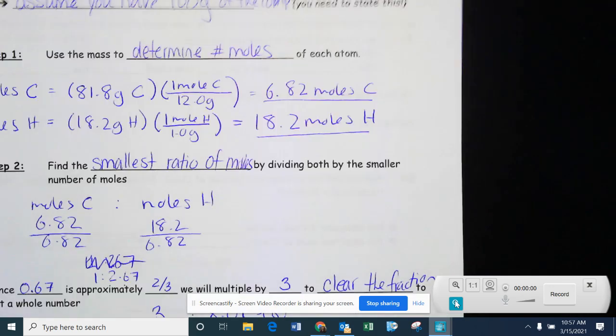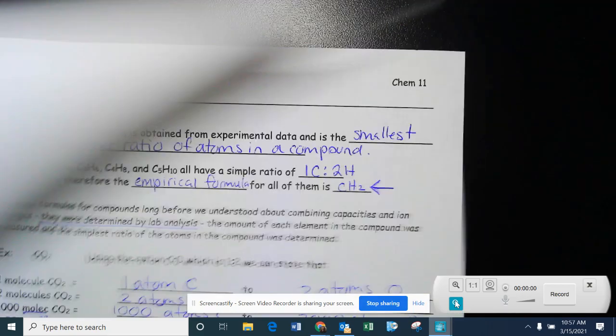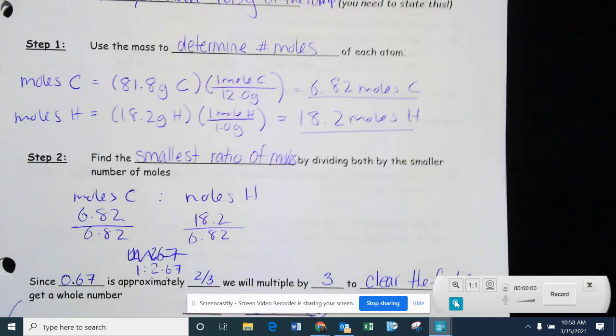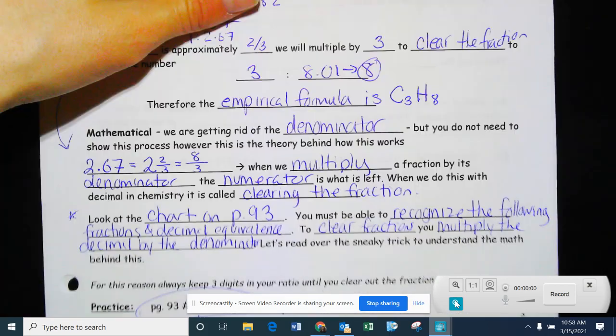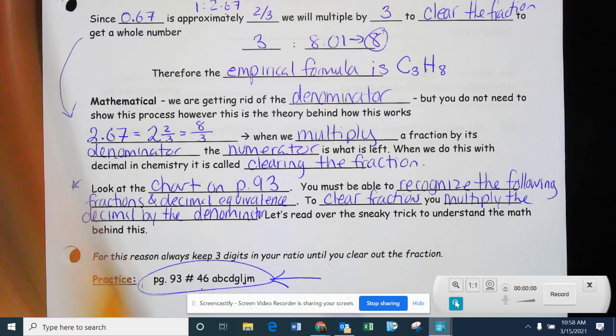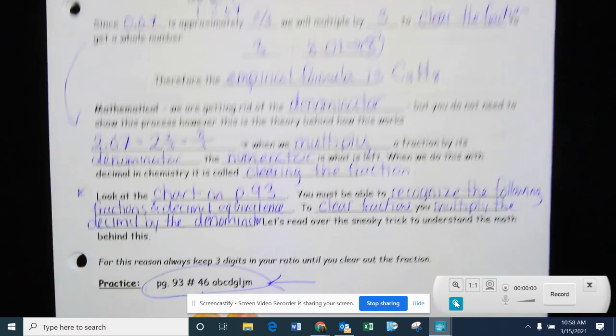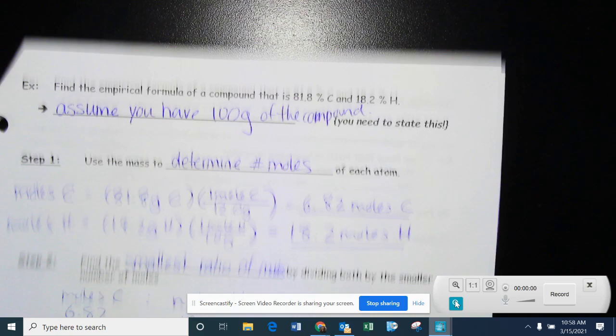We're just on page 3 of the 5.5 note set. And we're just going to continue with it unless somebody wants me to go over any of these questions. Okay. All right, I'm going to move on to talking about molecular formulas then.